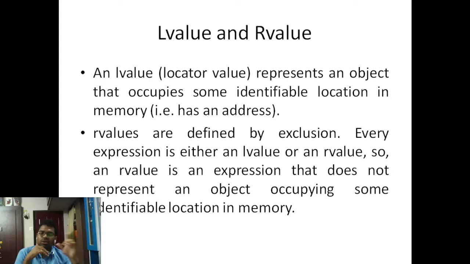An L value needs to have an address, and the R value must be a value. It can be a word, numbers, or a float. Whatever it may be, if it doesn't have any location, it is said to be an R value.